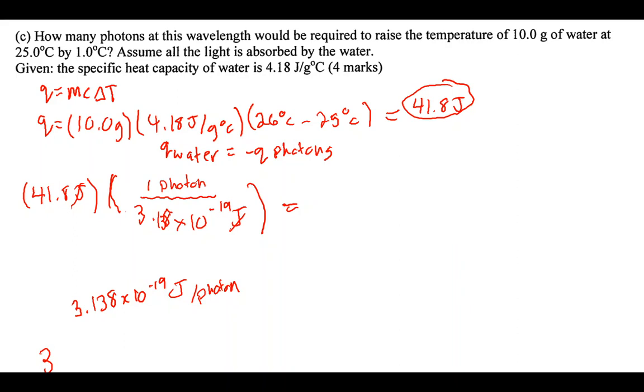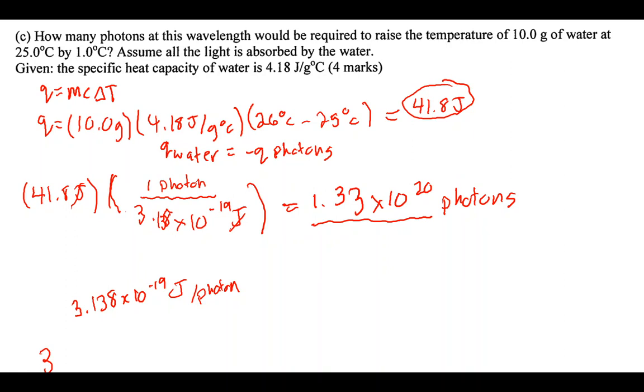So if we punch that through, that gives us 1.33 times 10 to the 20th photons. So just looking at the answer, it makes sense because every photon carries a ridiculously small amount of energy. So it makes sense that you would need a ton of them to accomplish the task.